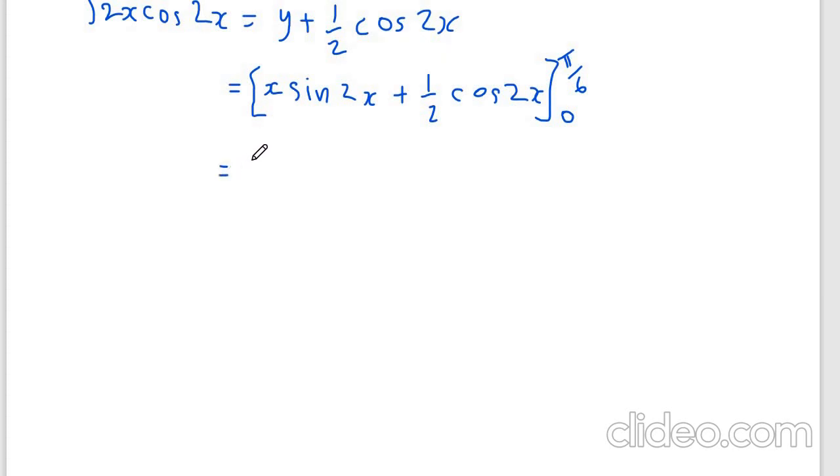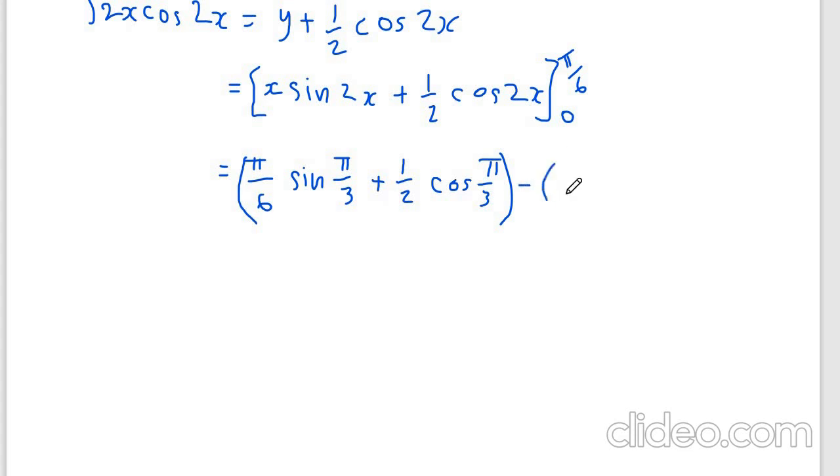So now pi over 6 sine pi over 3 plus 1/2 cos pi over 3. Remember to put the brackets. Well, if you plug in 0, that will become 0 plus 1/2 cos 0.